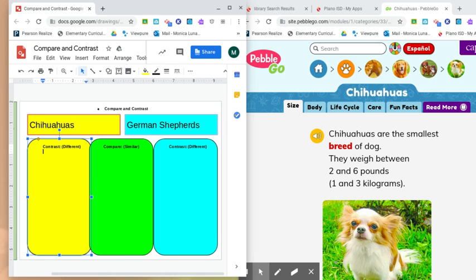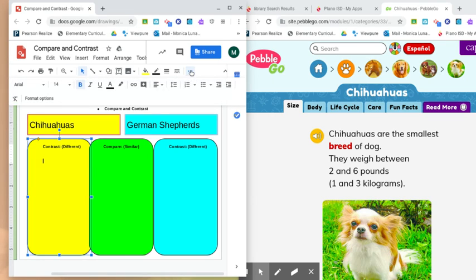And I'm going to go ahead and type it here. Let's make this a little bit bigger. And let's align it. And now let's get our bullets. Okay, so I know that smallest breed. So I'm just gonna type smallest breed. And do you wanna know what a breed is?